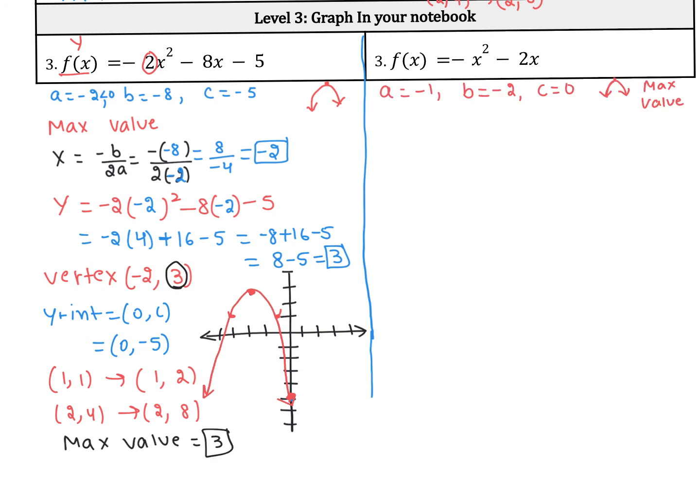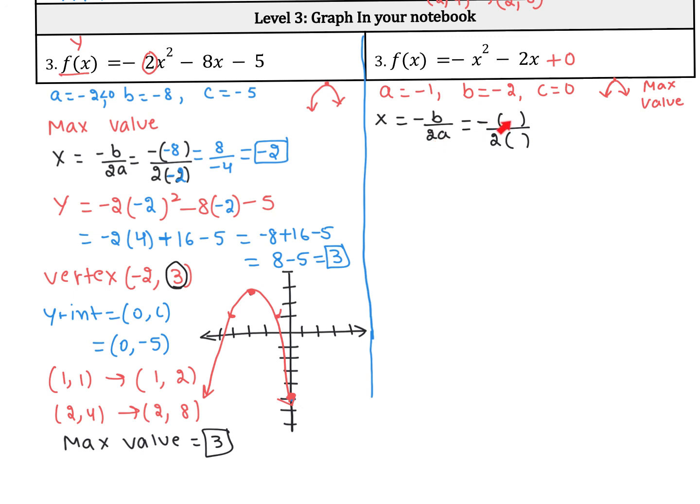For number 3, you're going to have a equals negative 1, b is negative 2, c is not there. You can assume that c is 0. It's going to be a downward-facing parabola because a is negative. It's going to give you a maximum value because the vertex is all the way at the top. You're going to find the vertex by using the formula x equals negative b over 2a.